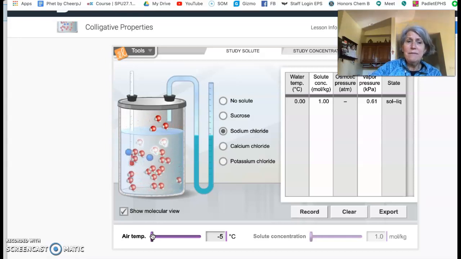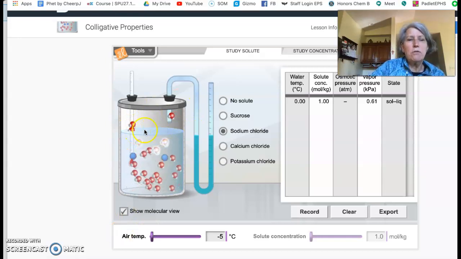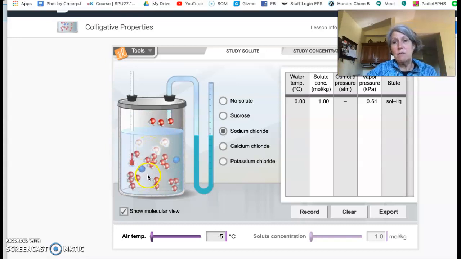And why that happens isn't so much about vapor pressure lowering as more as the solute actually gets in the way of allowing for the water molecules to freeze. And that's why it's called a freezing point depression.